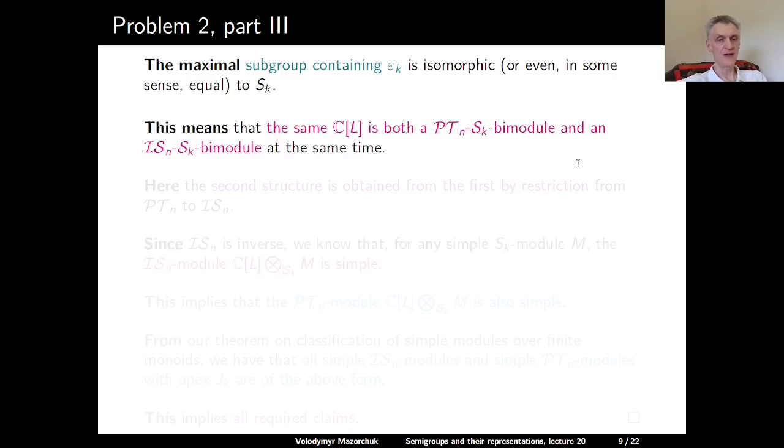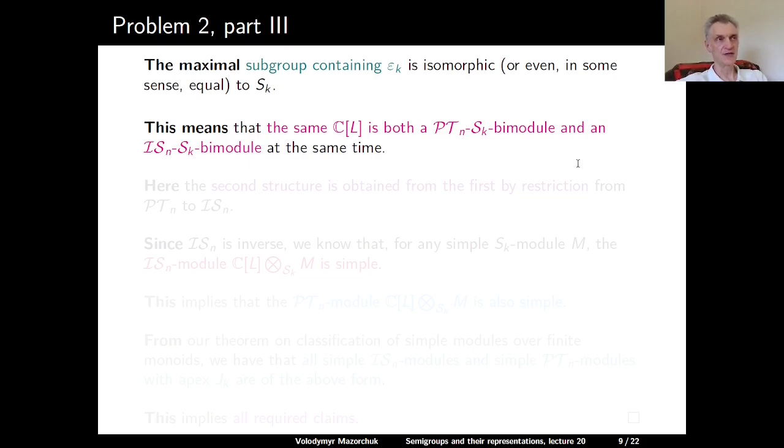And this means that if we linearize this left class, this linearization is at the same time a bimodule where the left action is of PTn and the right action is of Sk, and similarly the left action is of ISn and the right action is Sk.